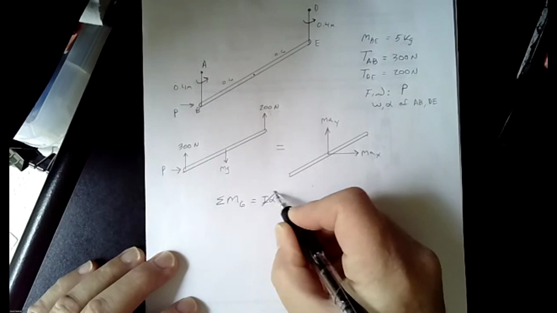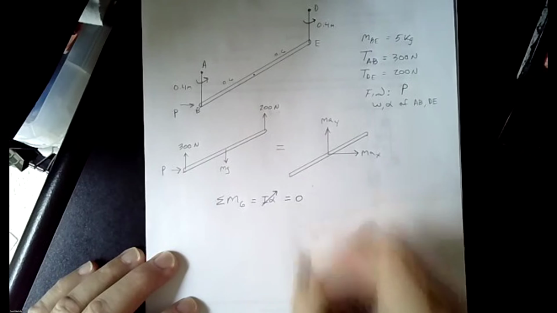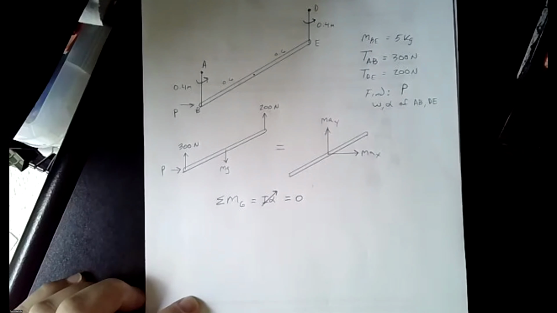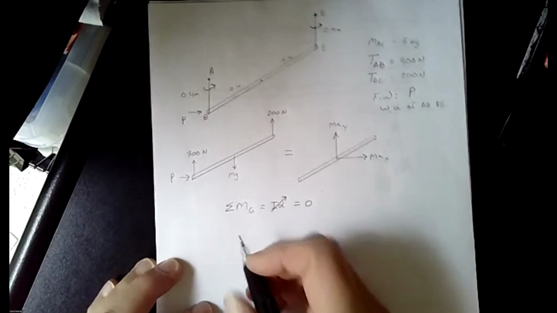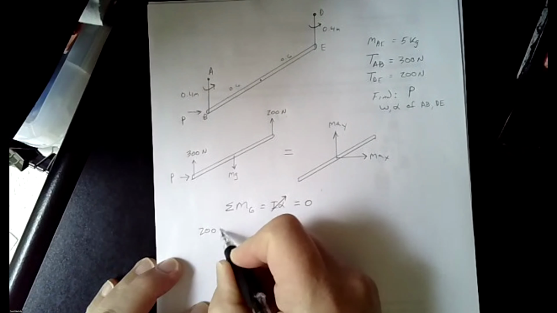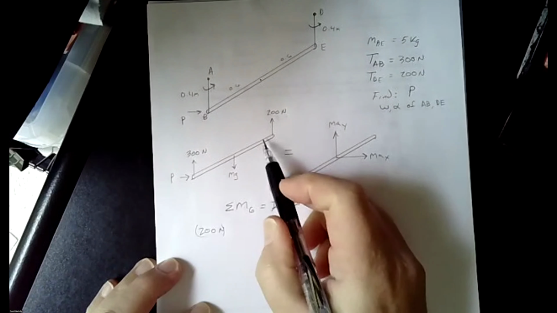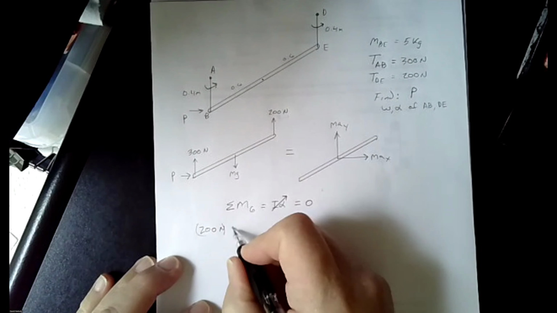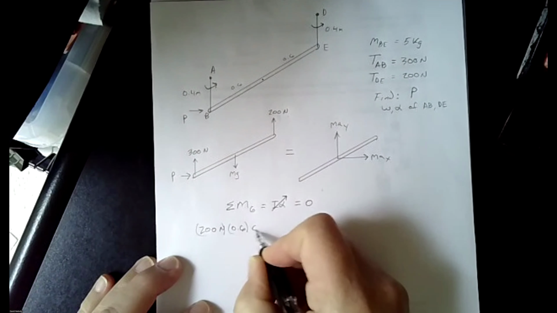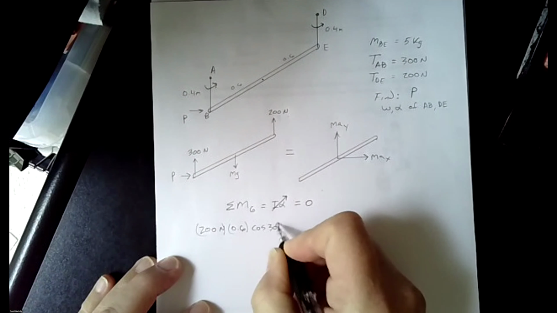So this goes away. So really, this equals 0. Okay. So what I can do then is I can say 200 newtons for this times what? 0.6 cosine 30 degrees.